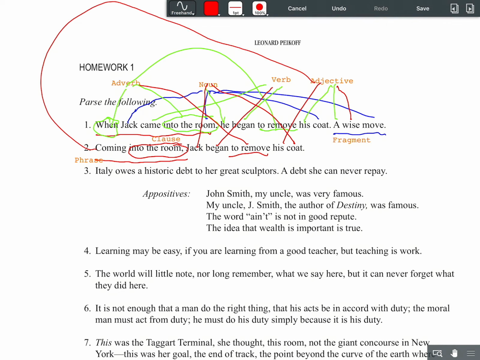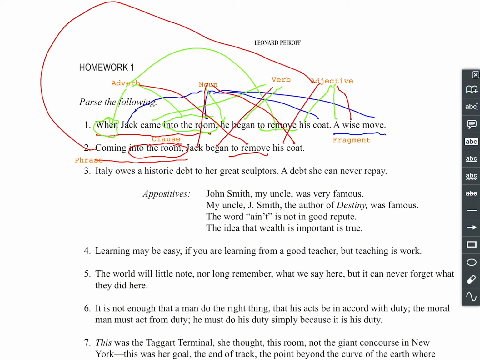Normally I just write, "Jack began to remove his coat while coming into the room." That makes it modify began because it's began while. Well, it makes it modify while, I guess. But that structures it differently than this. Okay, I'm gonna call this good enough and move on. Save.